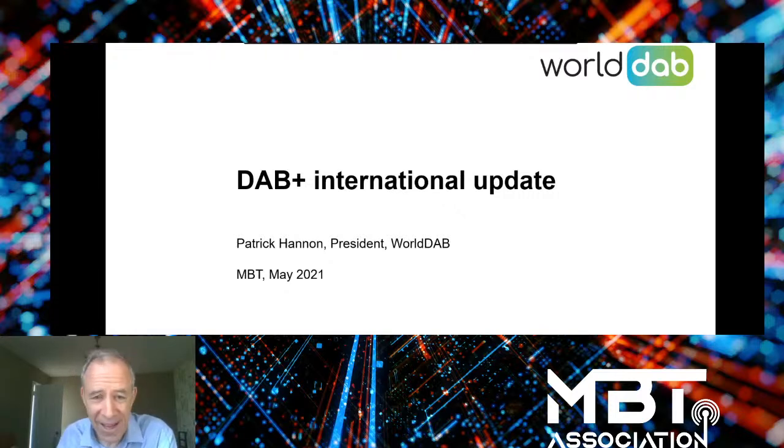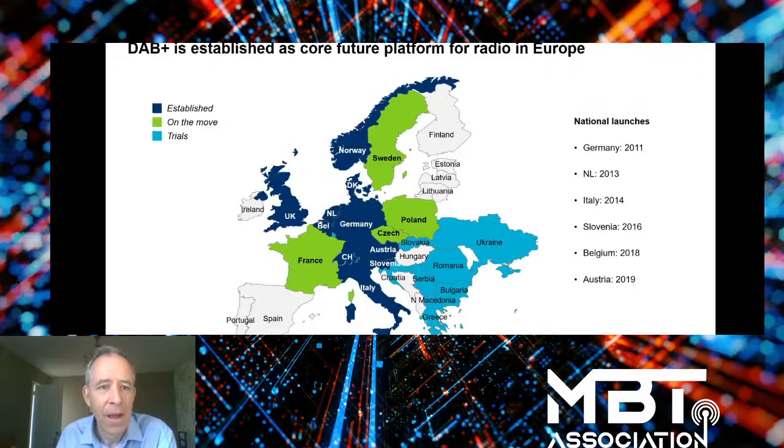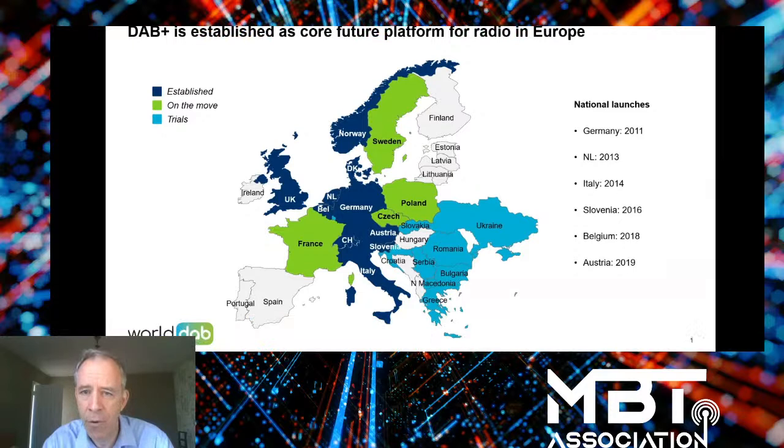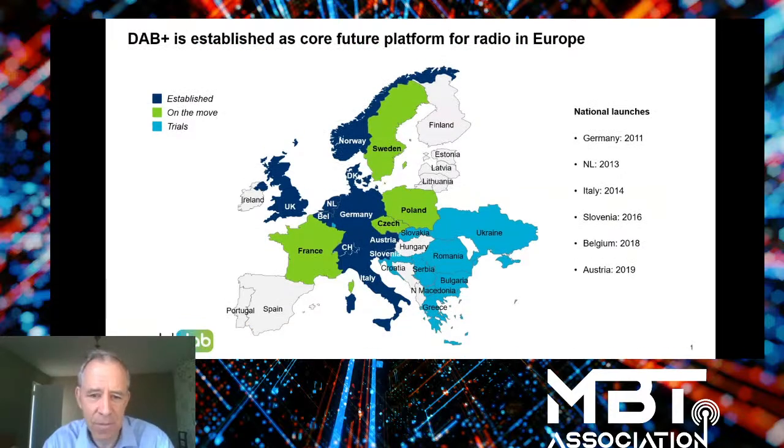So let me start. My focus today is very much on Europe. DAB+ is established as the core future platform for radio in Europe, and this is a process that, to be honest, has probably taken about 20 years.